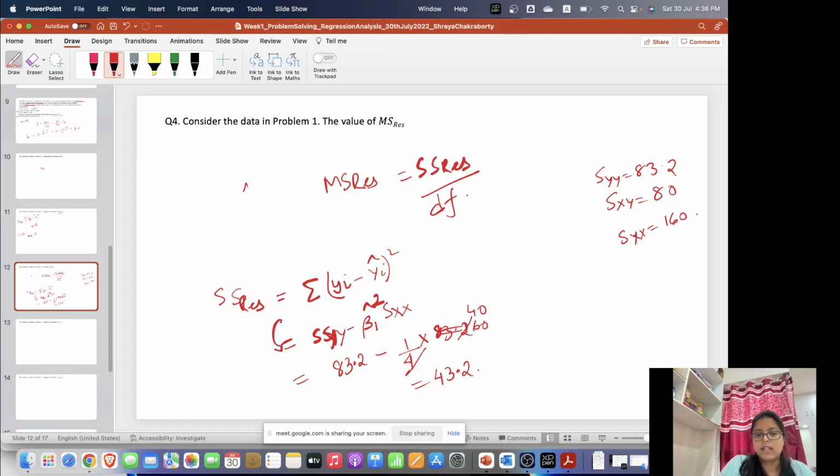This thing is given in the lecture notes, but if you want, I can start deriving it. It's pretty straightforward. So shall I start deriving or is it fine? Yes, please derive.